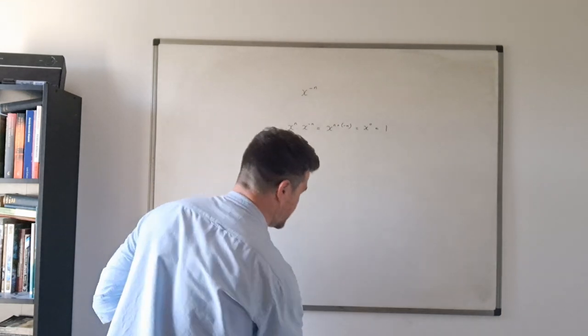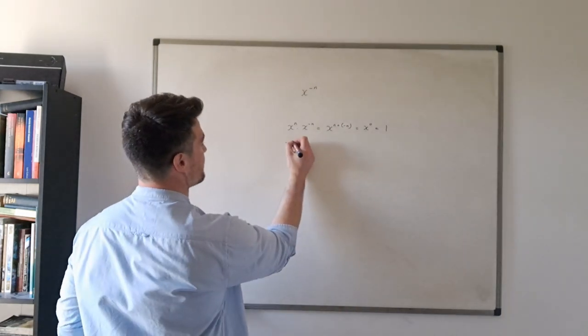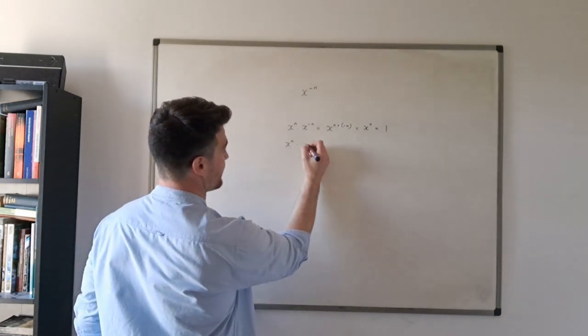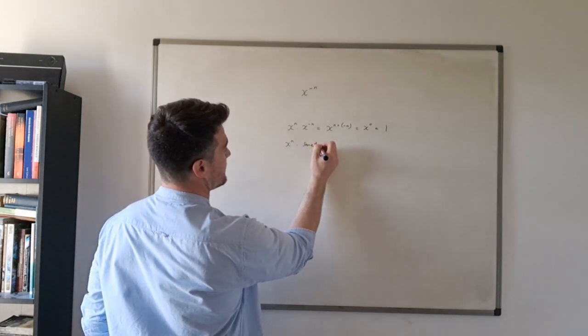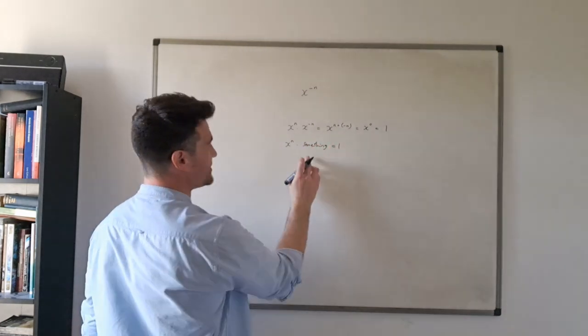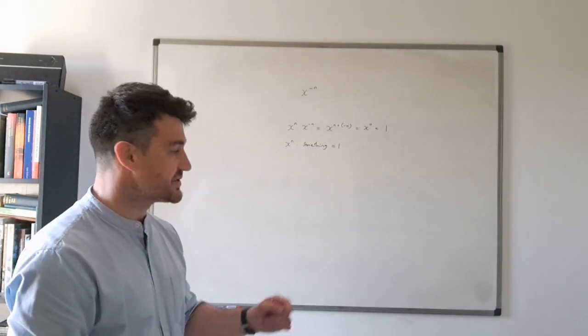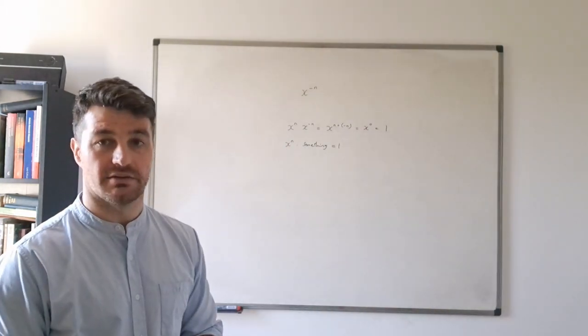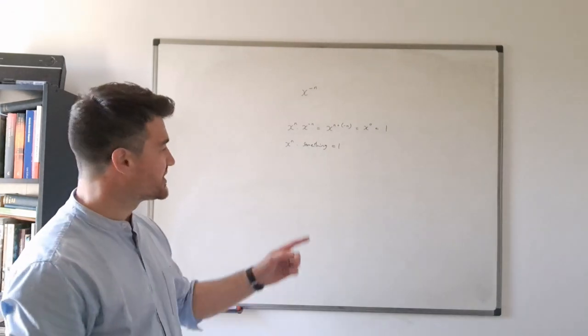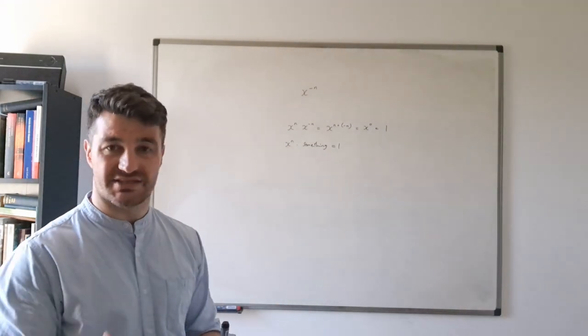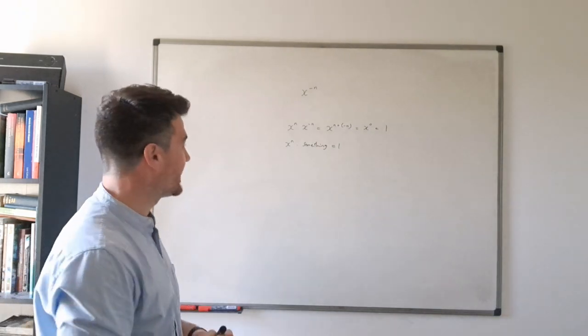So what does that mean then? Well, it means that x to the power of n times something is equal to 1, which means that this something must be the multiplicative inverse of x to the power of n. Well, what's the multiplicative inverse of x to the power of n? It's the reciprocal of x to the power of n.